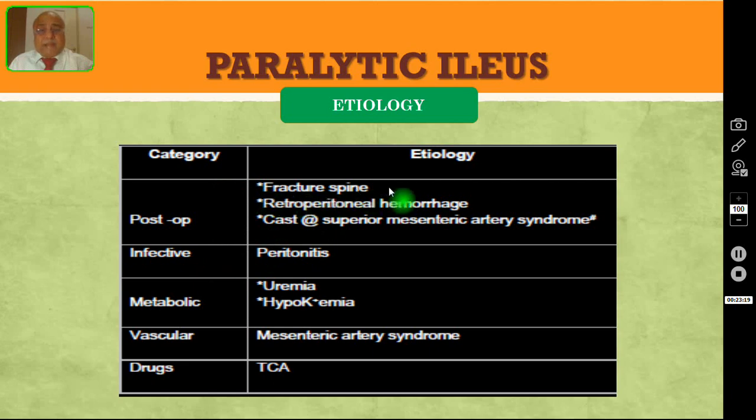Or fracture spine, any retroperitoneal hemorrhage, superior mesenteric artery syndrome, that is another one that can also produce adynamic ileus. All peritonitis, all cases of uremia and hypokalemia, and mesenteric artery thrombosis can produce paralytic ileus.